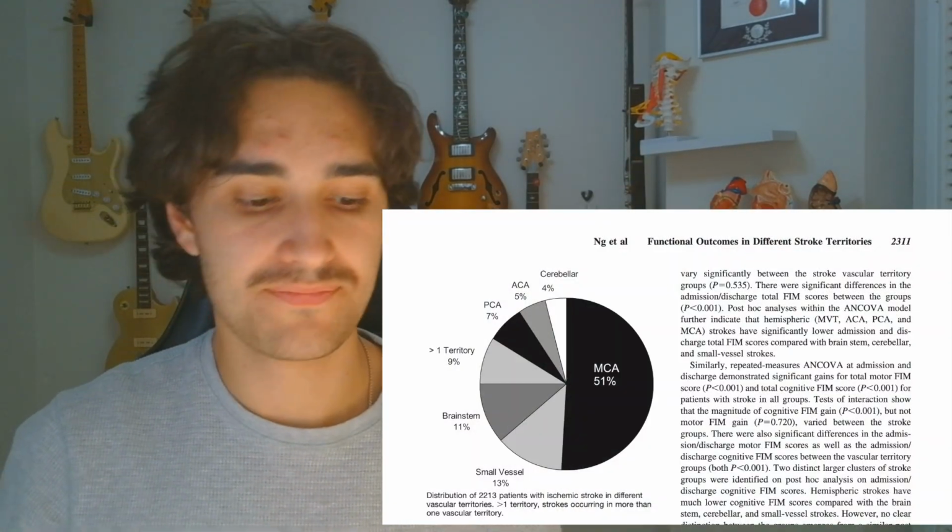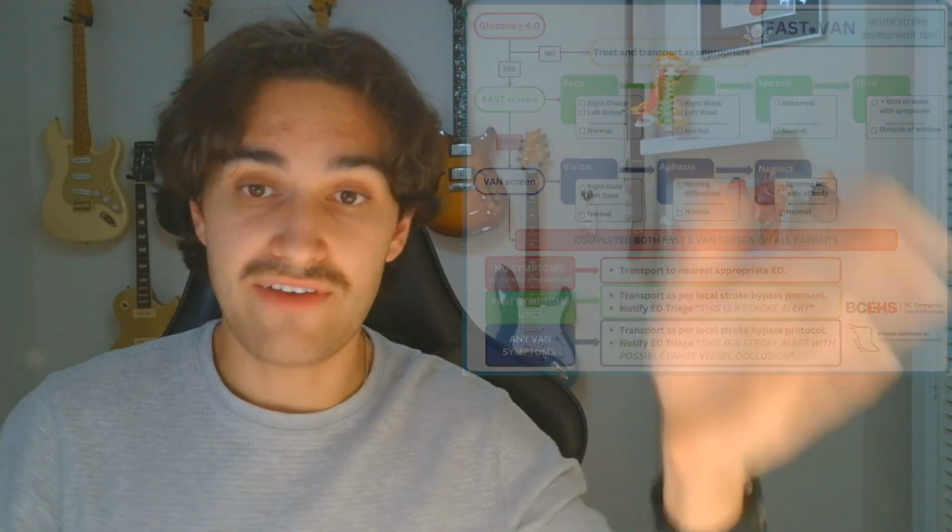This is responsible for somewhere around 50% of strokes, and an occlusion to this vessel, the middle cerebral artery, produces what we call a typical stroke. So FAST, right?